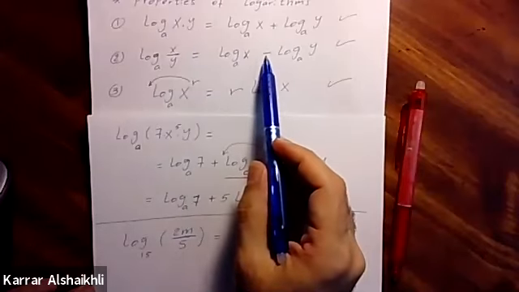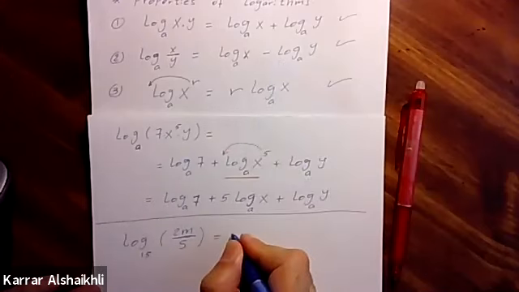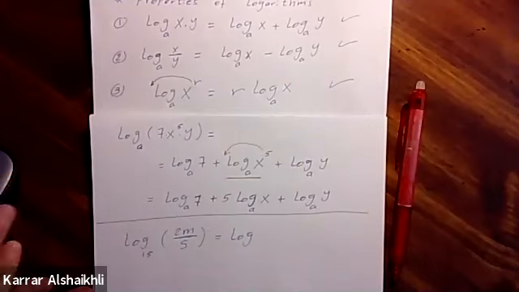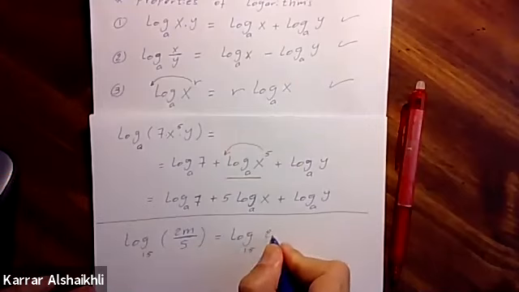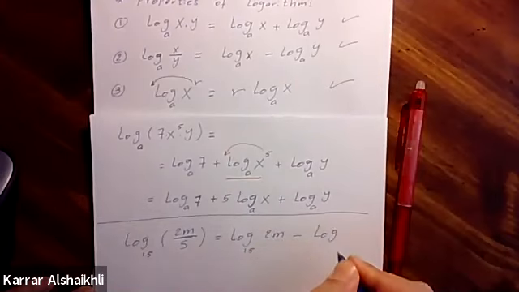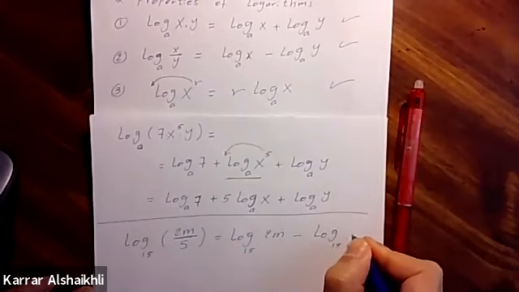The division is going to be minus. So it's going to be log to the base 15 of 2m minus log to the base 15 of s.